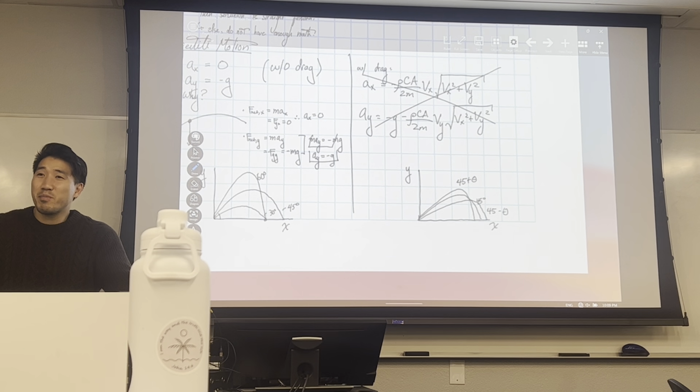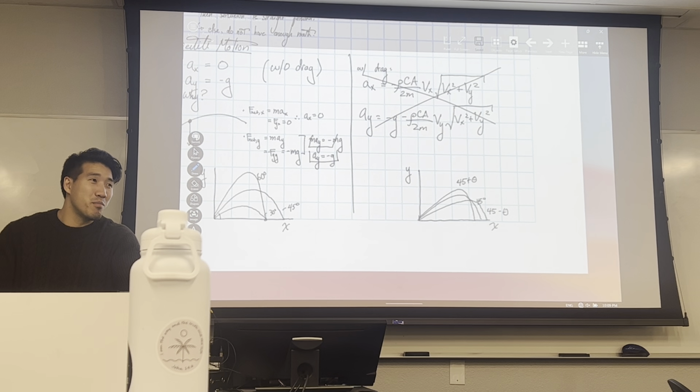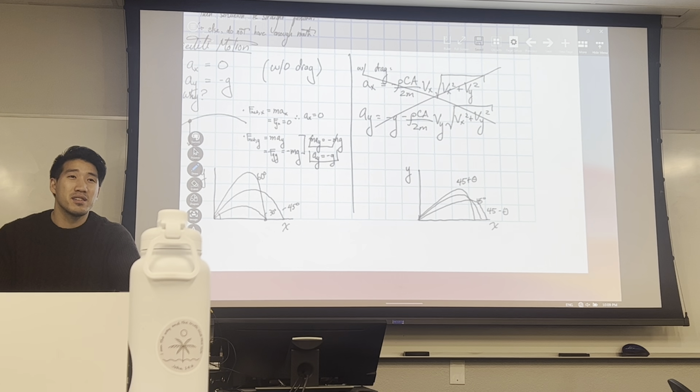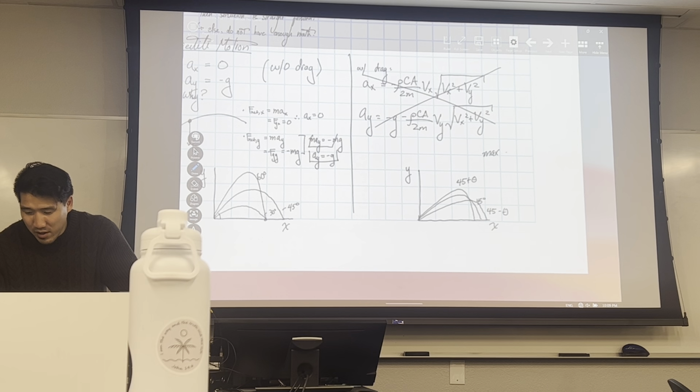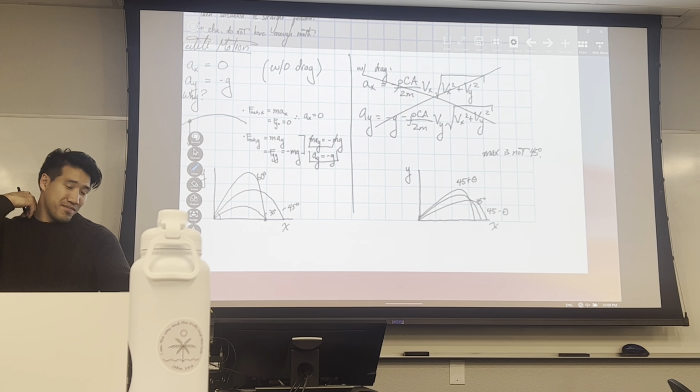It'll be closer because it's in the air longer. Remember, the longer you're in the air, the more drag will impact your movement. So here, max is not 45 degrees.